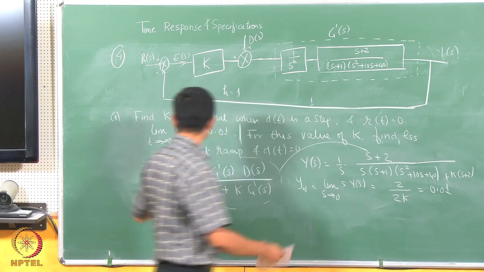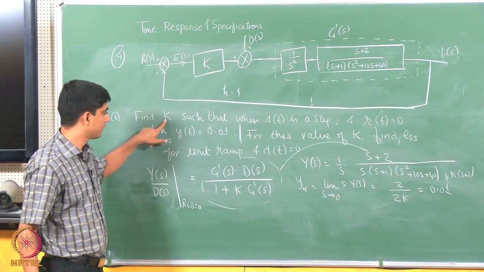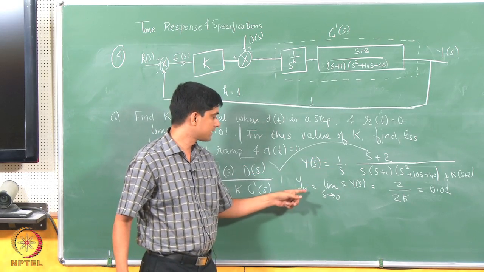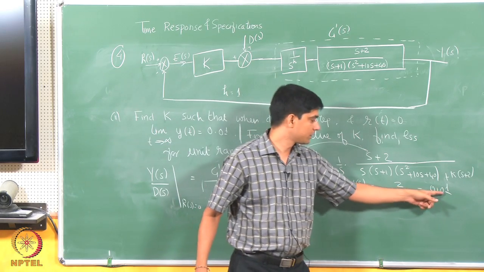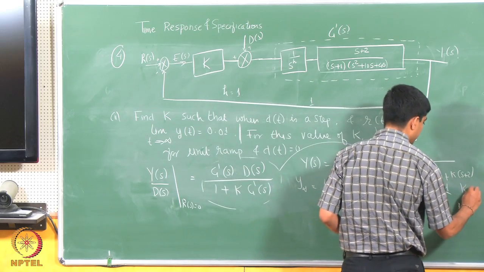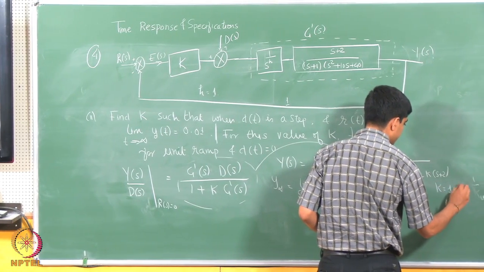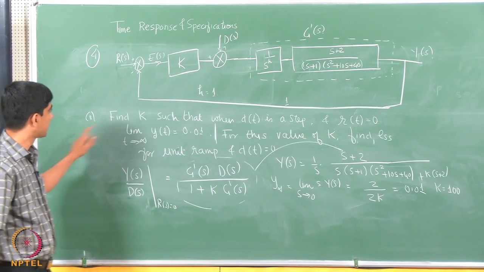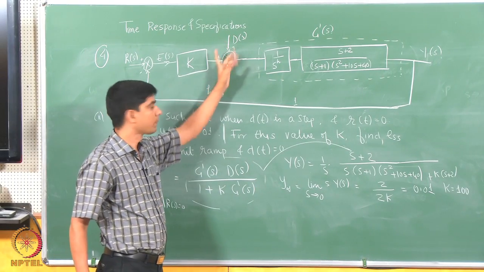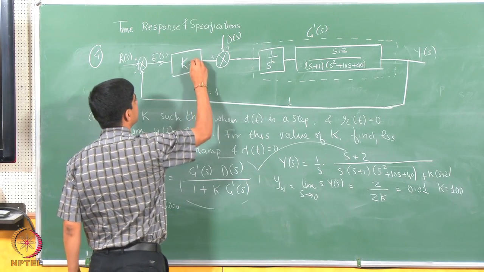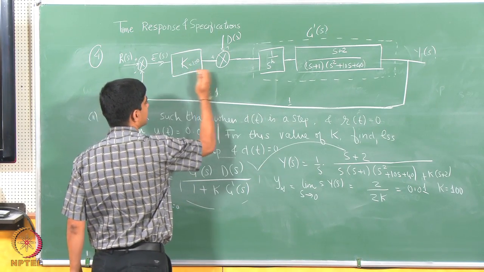So, the question was to find a gain k which for d being a unit step results in a steady state y of 0.01. So, I just solve this and I get that the value of k is 100. Okay. Now, in the second part, assume there is no disturbance.